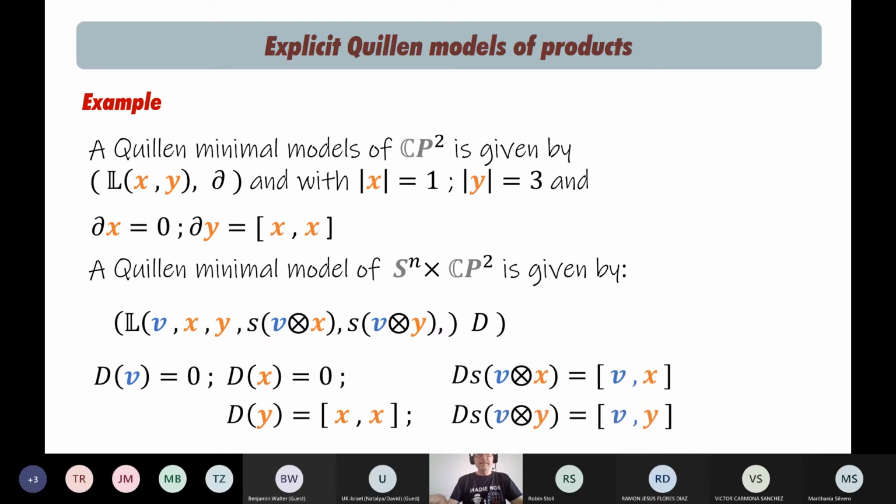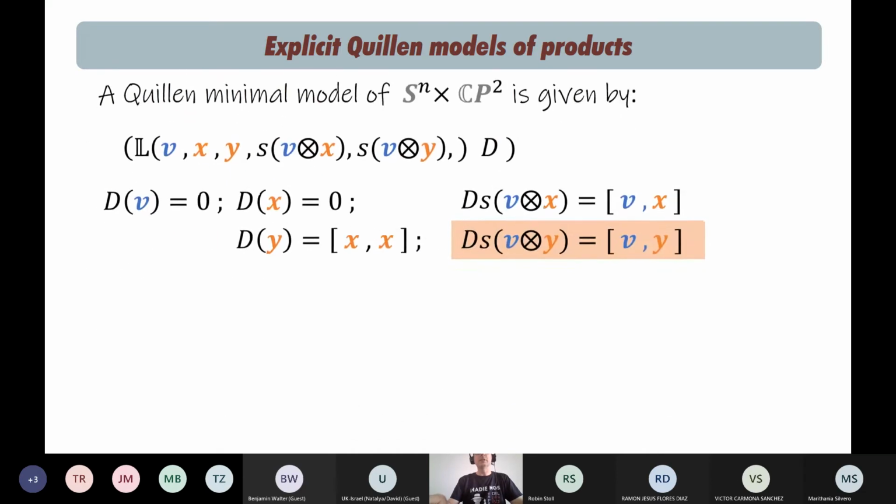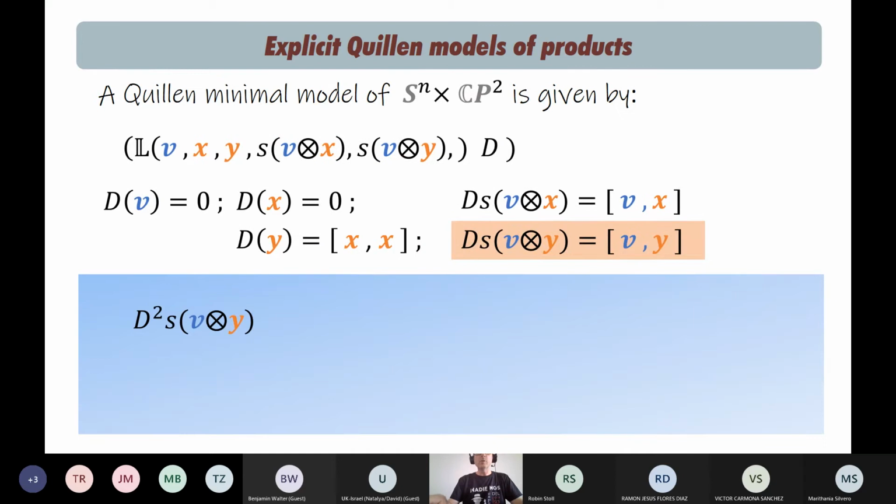But if we define this like that, this is not a differential, because in this case, the square of this element, this is a derivation, so the d of V is 0, but here d of y is the bracket of x and x. So we have no 0 here. How can we add more things to this differential in order to kill this term?